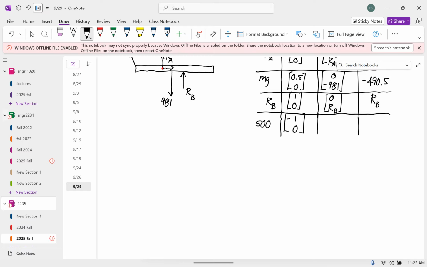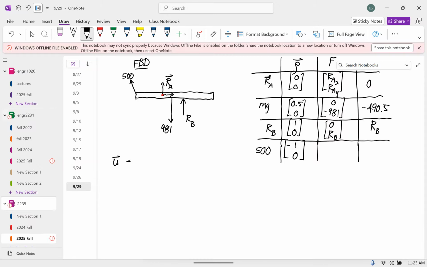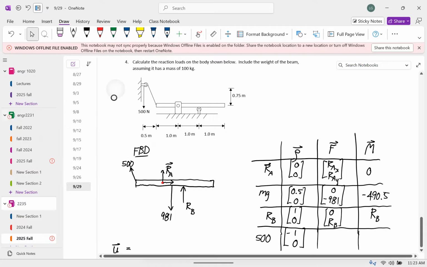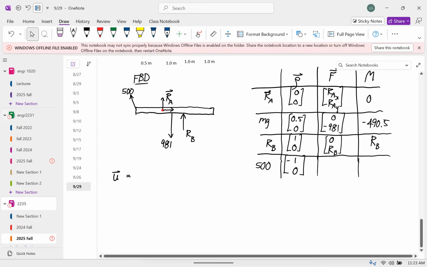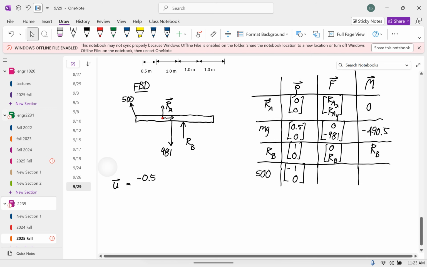So now we have to think about this force vector. A vector in the correct direction is, x is negative 0.5, y is positive 0.75.